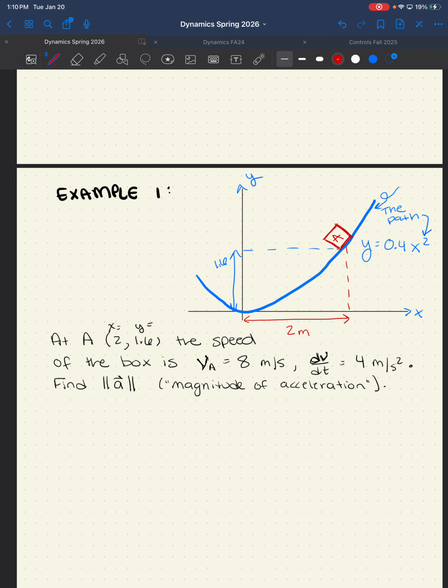Okay, now let's write out what is a_t. What was that expression back in your notes? Flip back a page. Derivative, not of velocity, that would be v arrow dot.